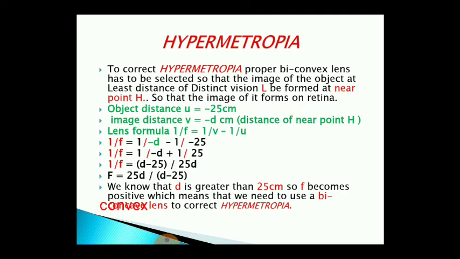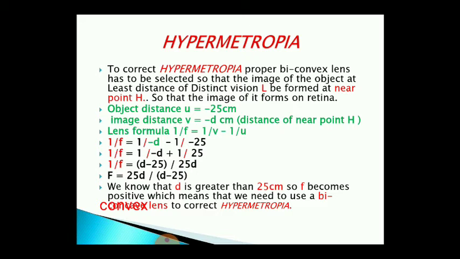The distance to the near point is d, so image distance v is equal to minus d. Lens formula: 1 by f is equal to 1 by v minus 1 by u. By substituting v is equal to minus d, u is equal to minus 25 centimeters, we get 1 by f is equal to (d minus 25) by 25d, means f is equal to 25d by (d minus 25).